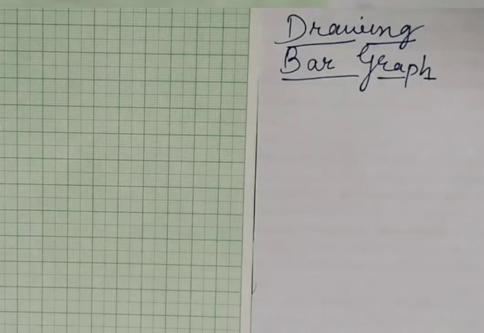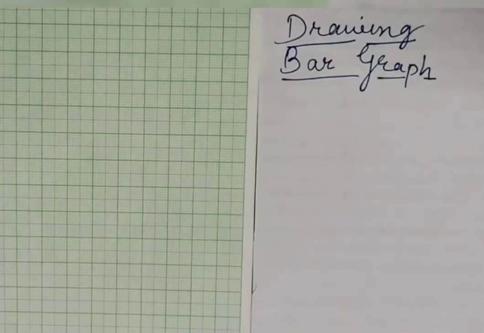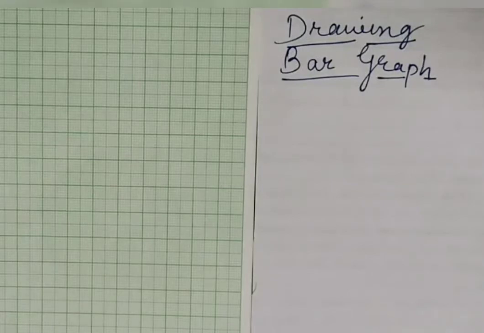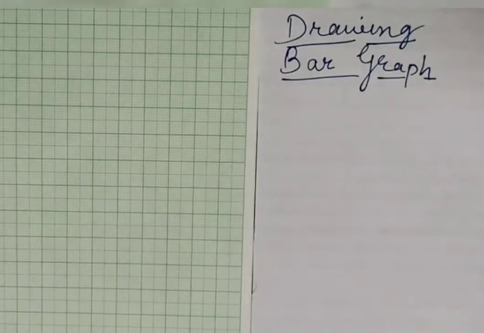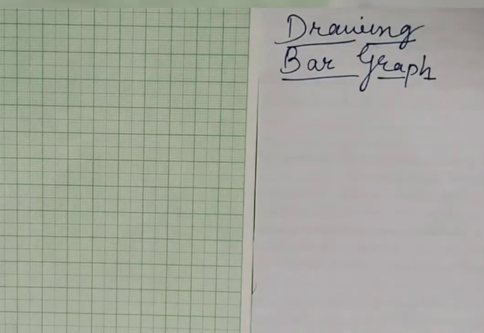And after that we learned how to draw the pictograph to show the data, and then we understood how to read the bar graph and interpret the information provided in it. Now it's time to do one more interesting thing, that is how to draw the bar graph.